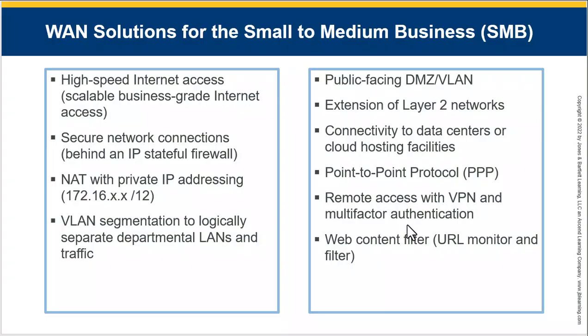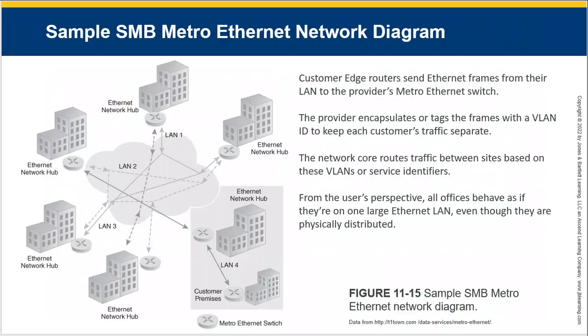So you can set up your firewall so that it filters out known sites that A, you don't want your employees looking at, and B, sites that are known to have a lot of viruses or Trojan horses. And there are a lot of sites like that. A lot of places that say, download our software for free. You download the software and then you wind up with a virus.